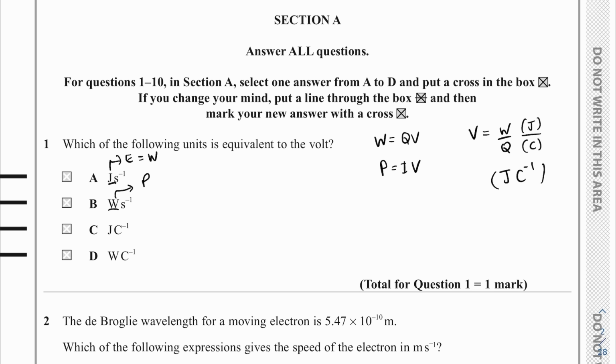So that's one unit. The other unit we have is V equals P over I. That'll be watts over amps, so watt ampere minus 1. So let's see. This is energy over time.